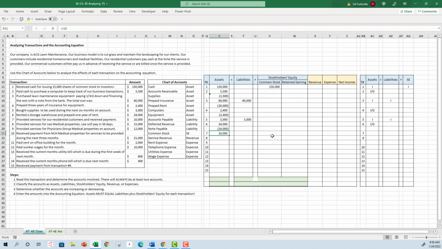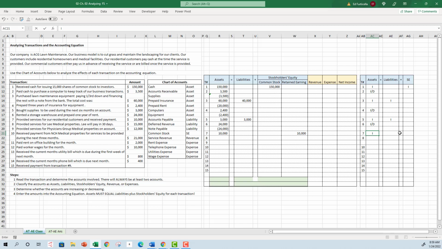So on our accounting equation, we'll increase our assets because cash goes up by $10,000. We'll increase our stockholders' equity by $10,000. But more specifically, we'll put the $10,000 in retained earnings. Remember, stockholders' equity is made up of two components.